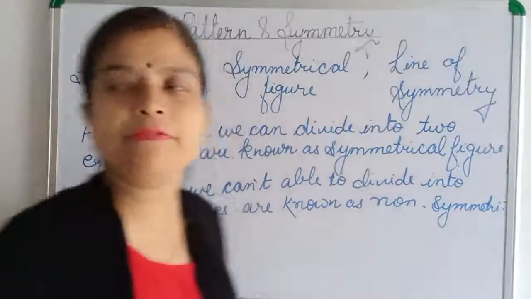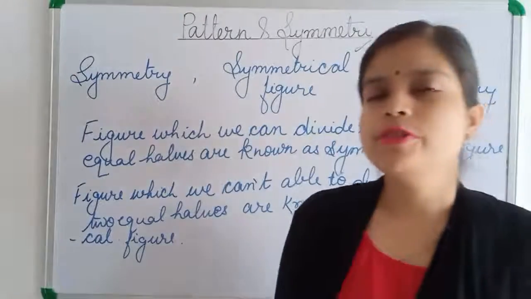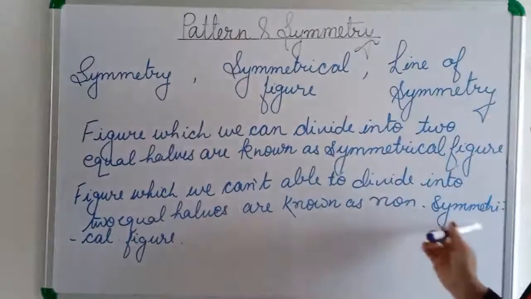Okay, the figure or shape which we can divide into 2 equal halves is known as a symmetrical figure, and which we can't divide is known as a non-symmetrical figure.